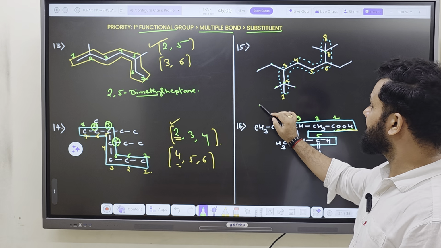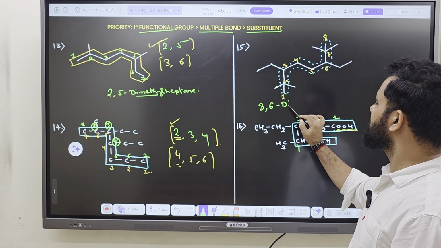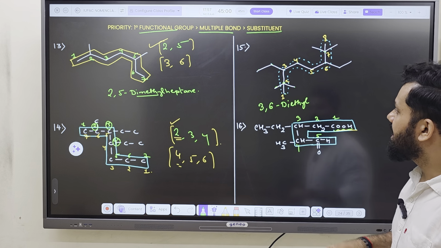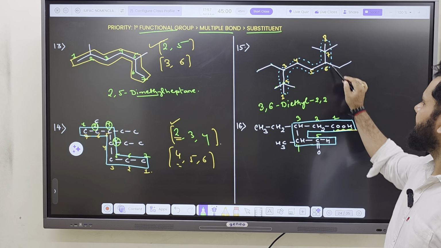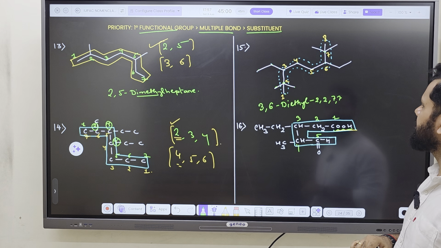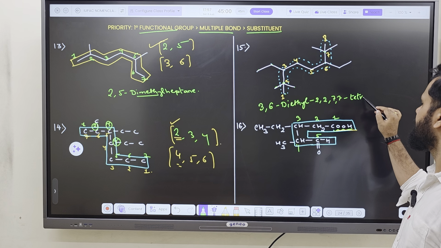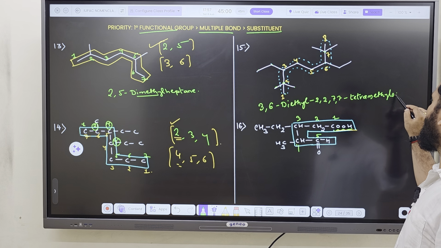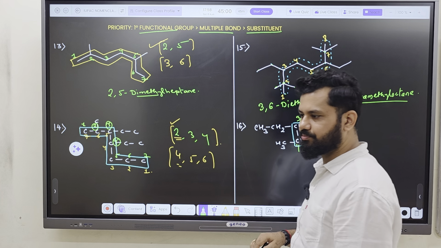So 3,6-diethyl. At second position 2, and at seventh position 2 more, 2,2,7,7, 4 times, so tetramethyl. Octane: 8 carbons, so octane.